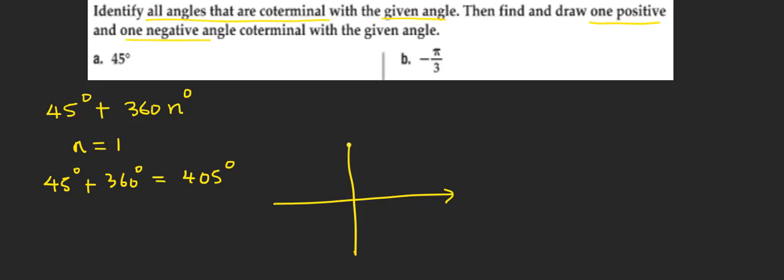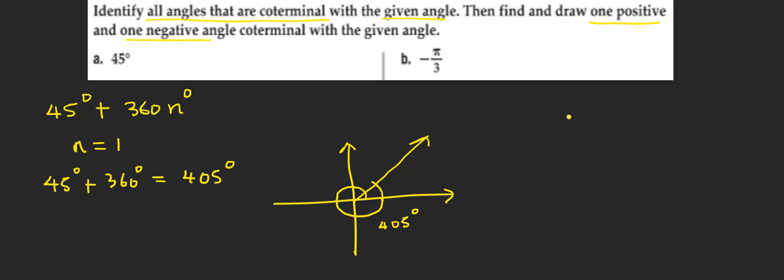Since 405 is positive, you start with the initial side, which is on the positive x-axis in standard position. So you need to make one revolution to get 360. And you need 45 more degrees to get to the terminal side. So this is an example of 405 degrees.